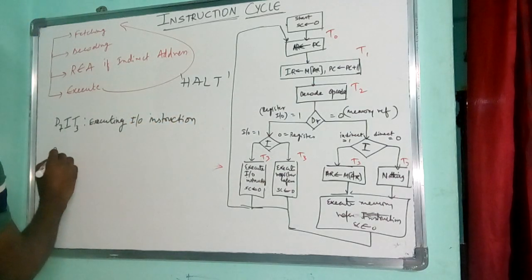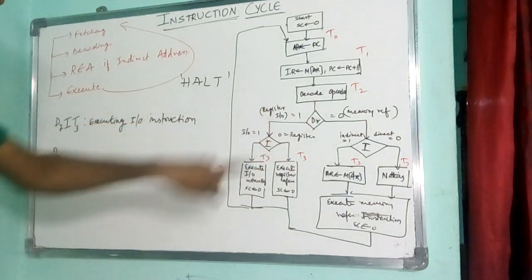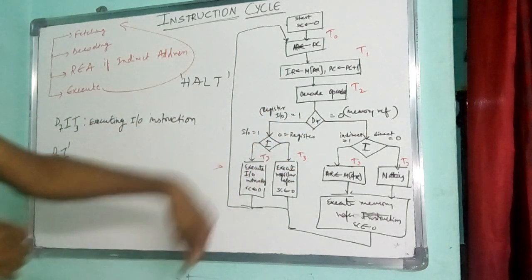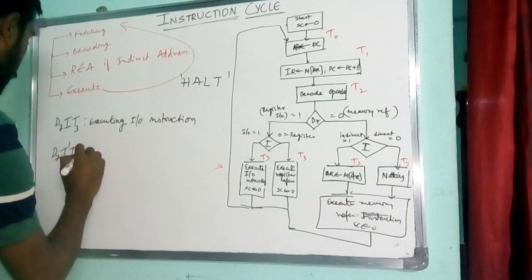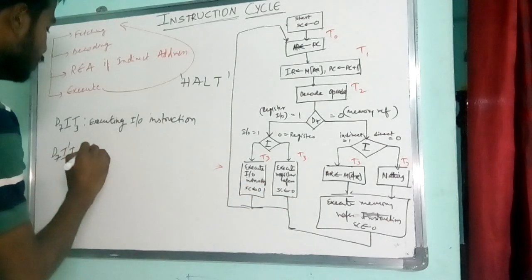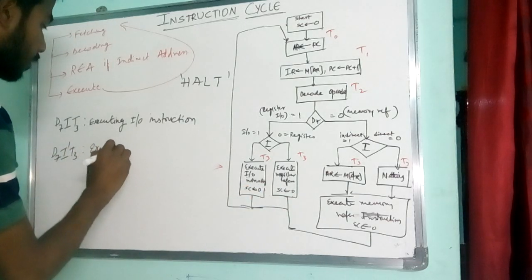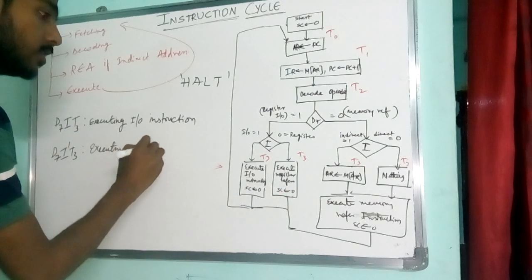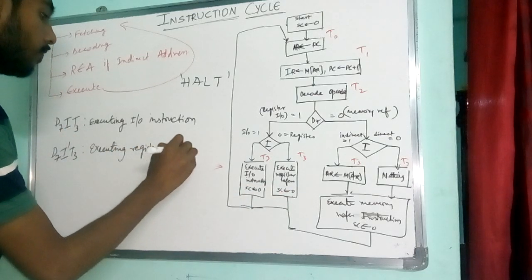Now, whenever my D7 is 1 but my I is 0, at T3, then I am executing register reference instruction, right?